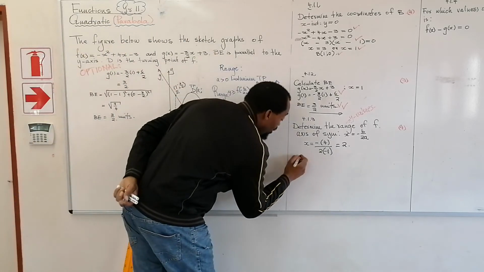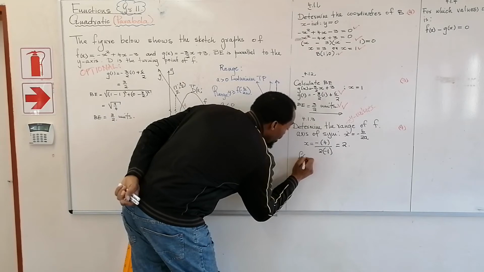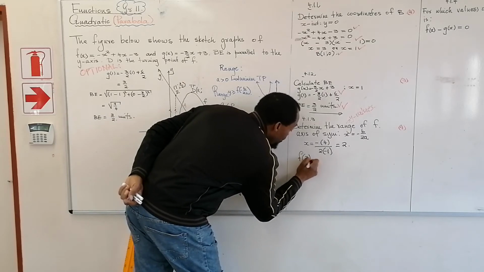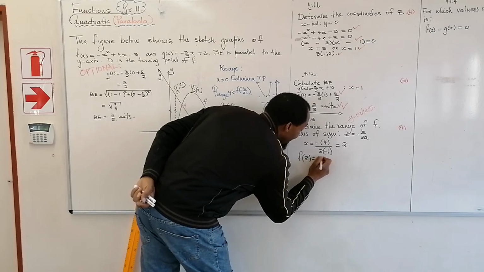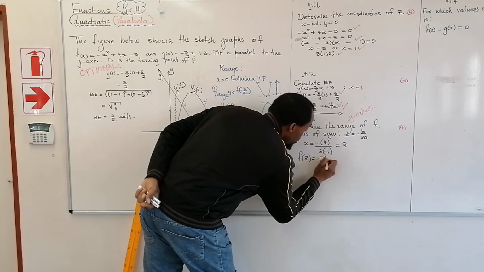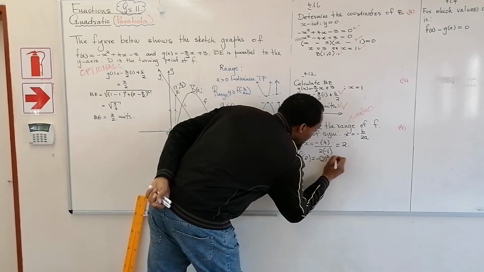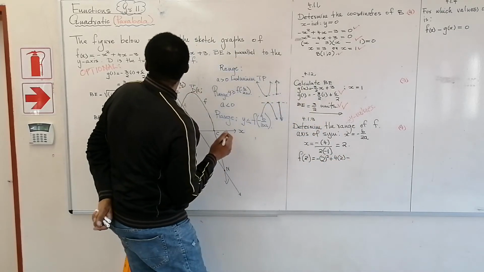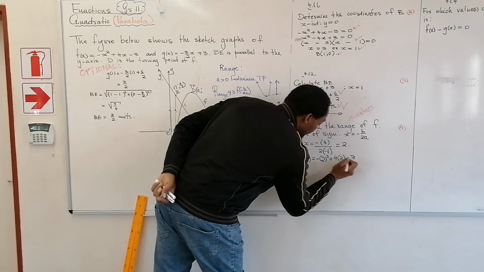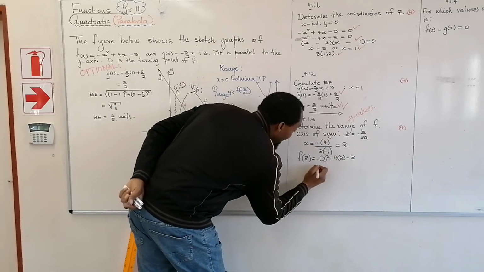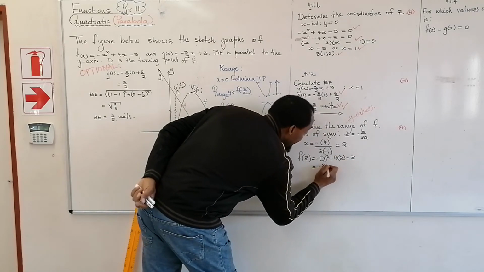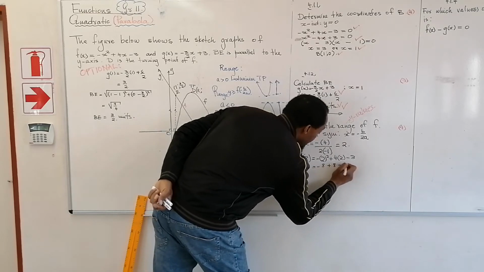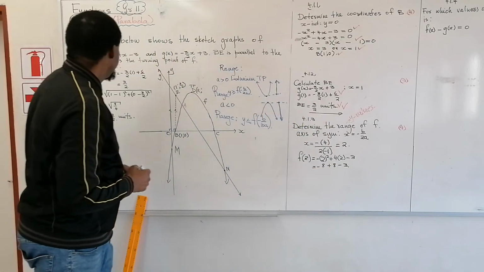Now I'm looking for the y value of the turning point, which will be f of 2, which is minus 2 all squared plus 4 multiplied by 2 minus 3. I simplify this, I get minus 4, plus 8, minus 3.